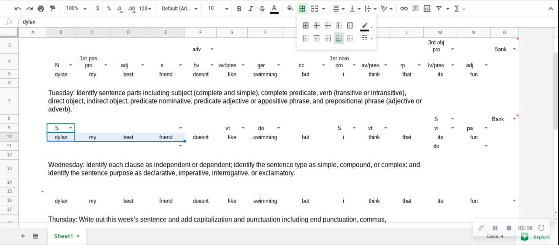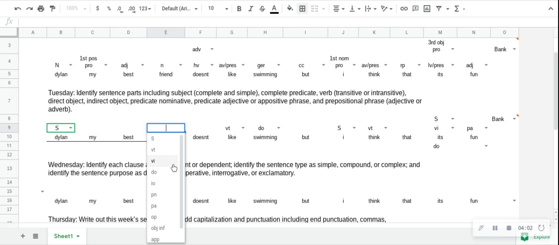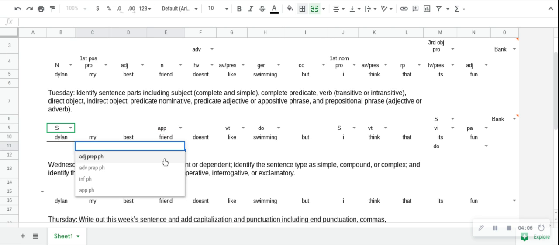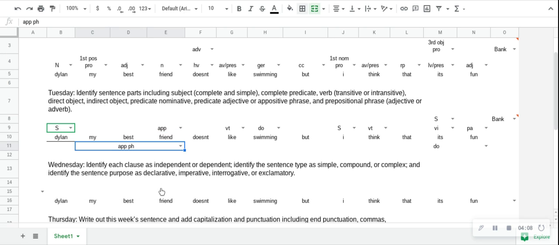Okay. My best friend is our appositive phrase, and then the appositive is friend. So put the appositive phrase in parentheses, just like we do our prepositions. Okay.